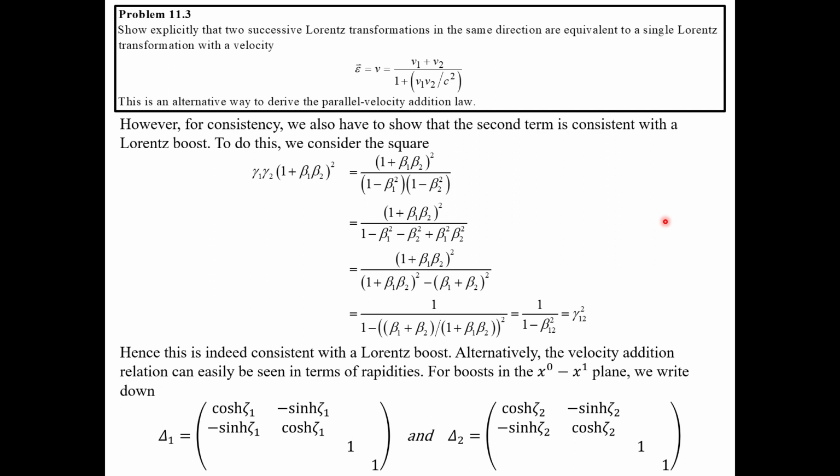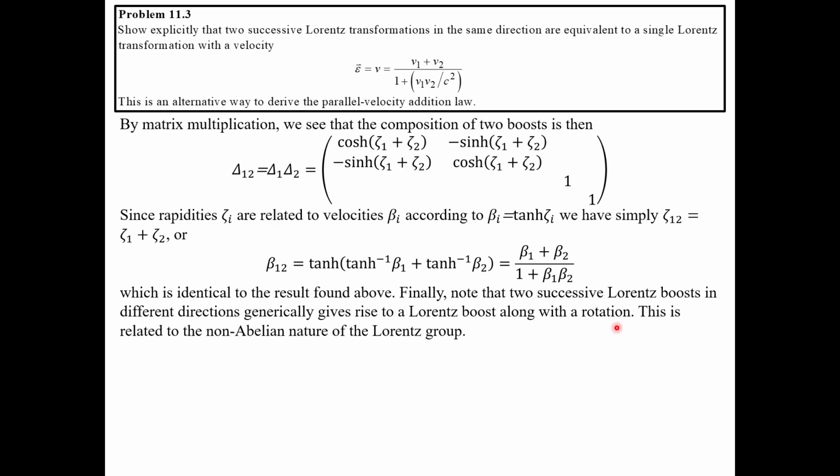Alternatively, the velocity addition relation can easily be seen in terms of rapidities for boosts in the x0, x1 plane. We write down the matrices for boosts 1 and 2, and by matrix multiplication, we see that the composition of the two boosts is delta 12 equals delta 1 times delta 2.